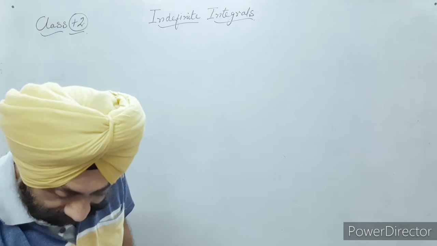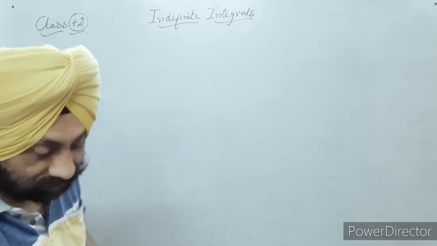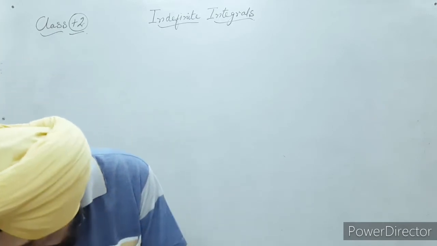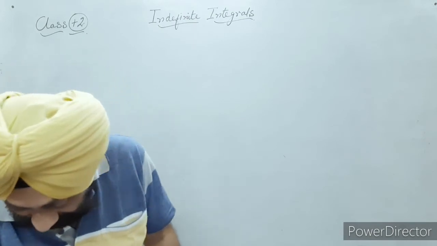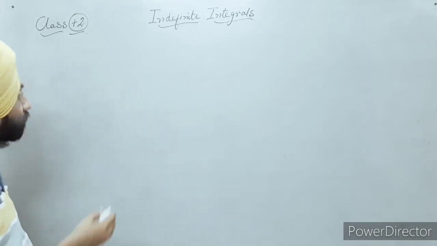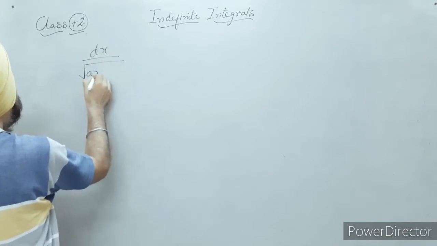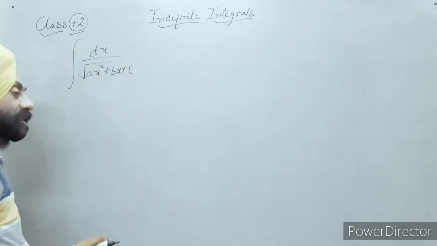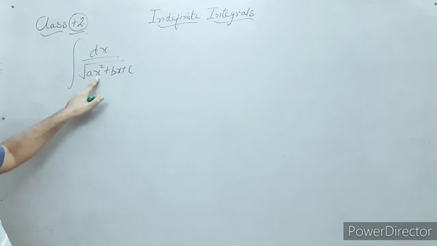Now, the next type I would like to discuss is again the same type, but now the quadratic equation is within the under root, right? Now the question is dx upon under root of ax square plus bx plus c. The concept is the same. First of all, make the coefficient of x square as unity, right?